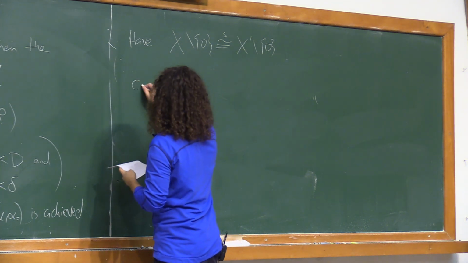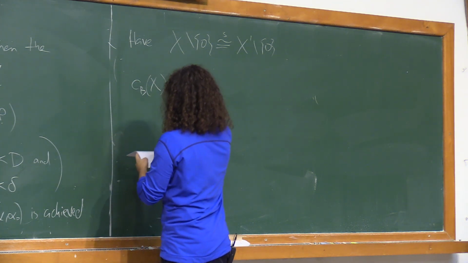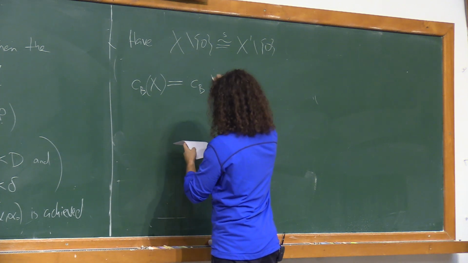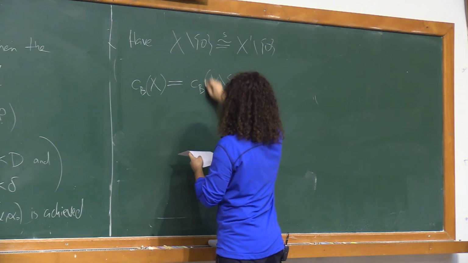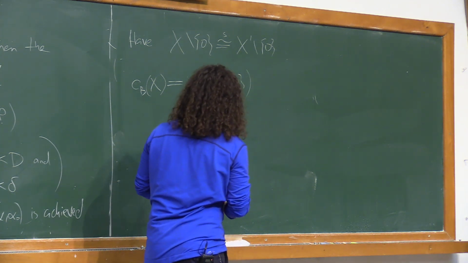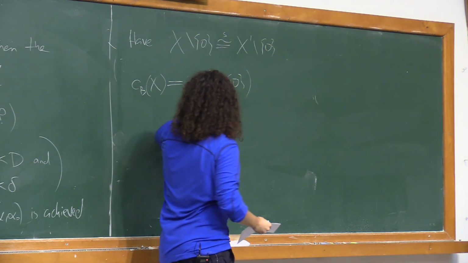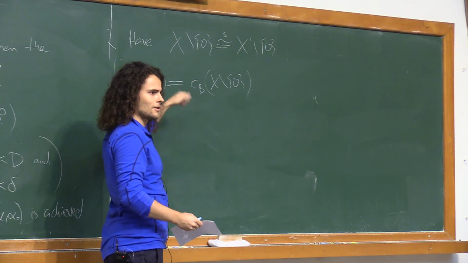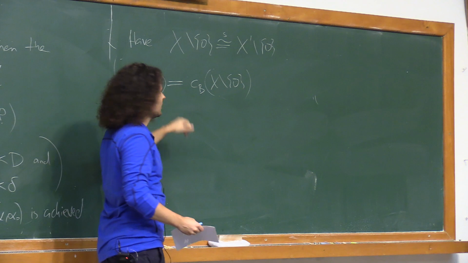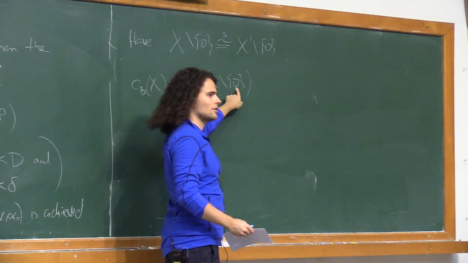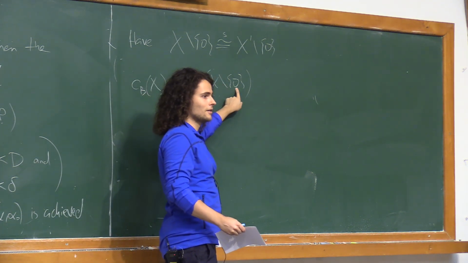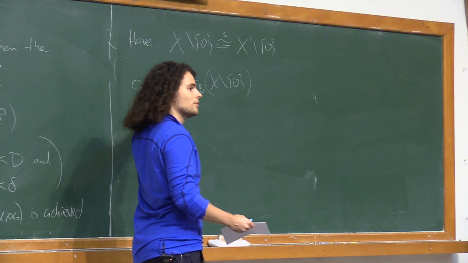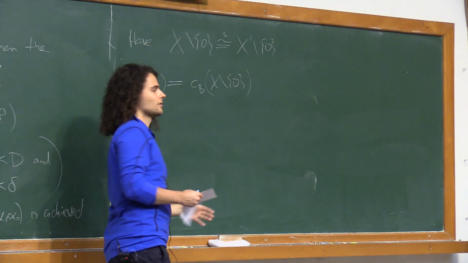We have the ball capacity of x, and actually that's just equal to the ball capacity of x minus the origin. Why is that? The idea here is that the symplectomorphisms supported inside x act transitively on the interior, so we can just think of this origin to be arbitrarily close to the boundary. And then the ball capacities agree because it simply was a supremum over the size of balls.